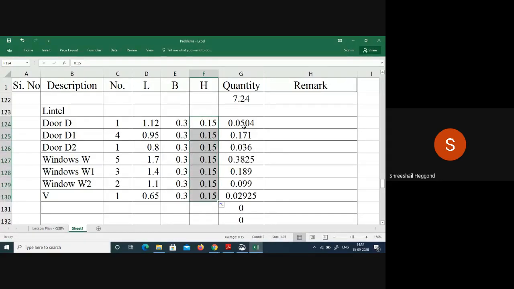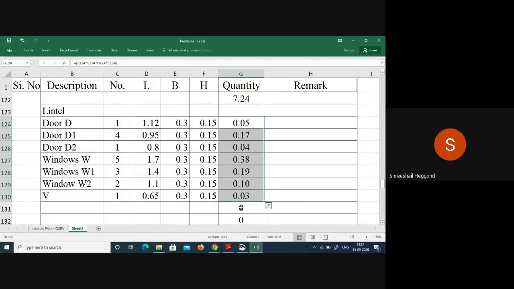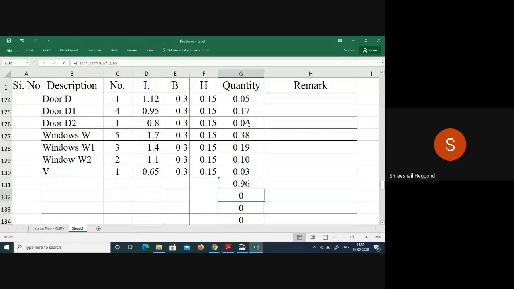Therefore, quantities will be up to second digit only you have to consider. Therefore, quantity of lintel will be 0.96. Any other deduction in brickwork?